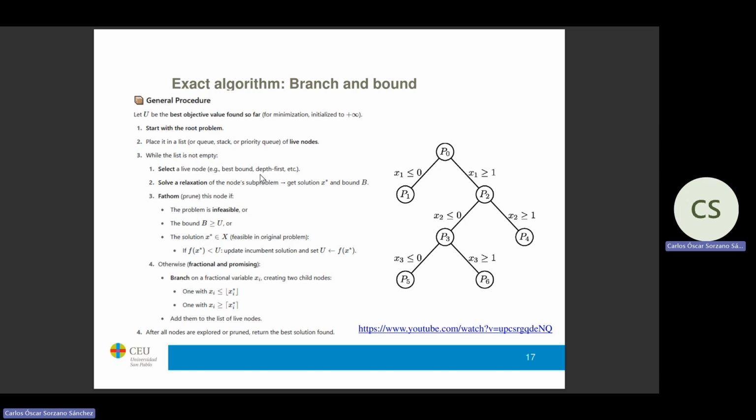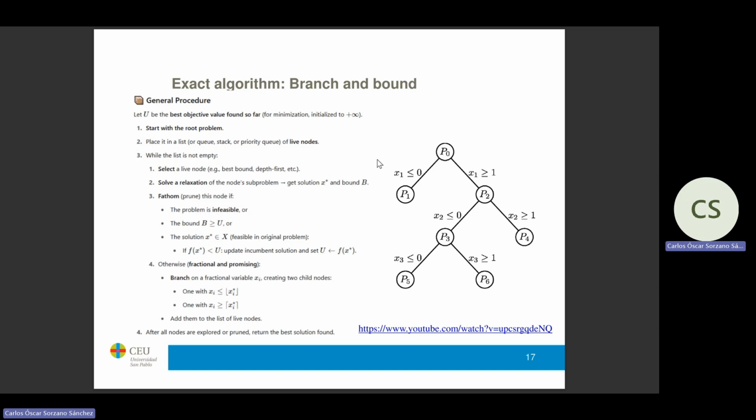You can take the one with the best bound, or you can try to explore this tree first in depth and then in breadth, or you choose your own strategy to decide which problem to solve at that moment. You solve a relaxed sub-problem of that node, and for each one of the problems, you solve the relaxed one, and you get the non-integer solution, and you get the bound.